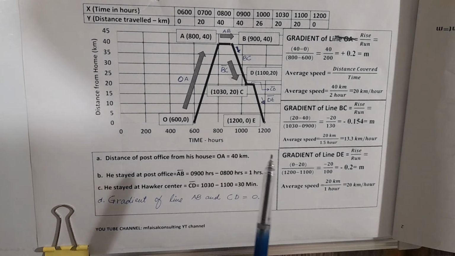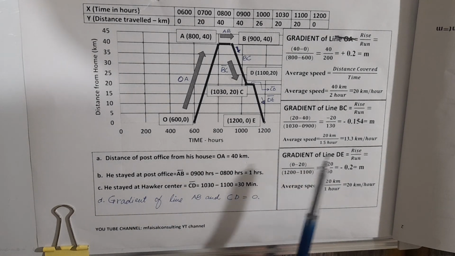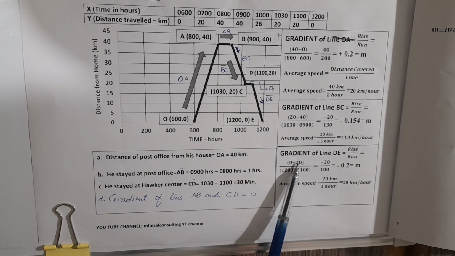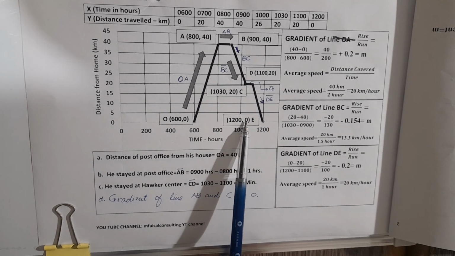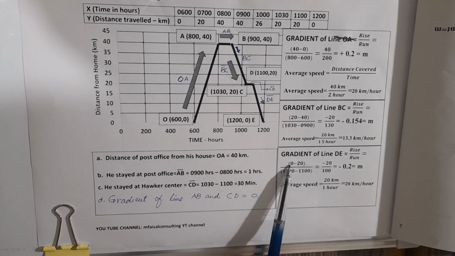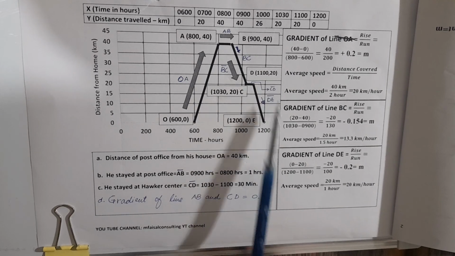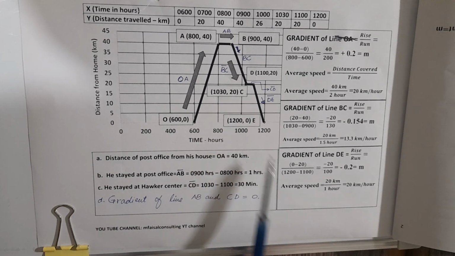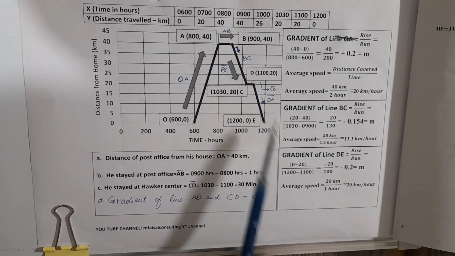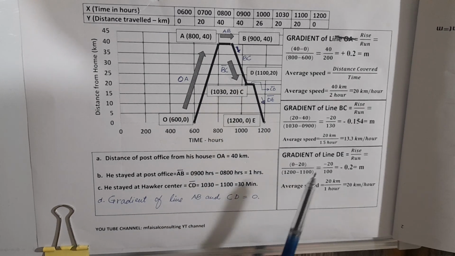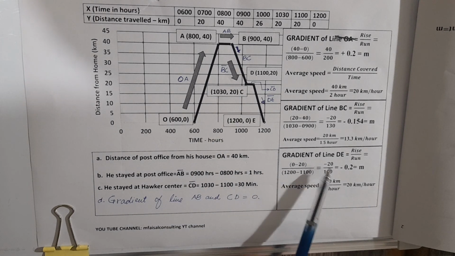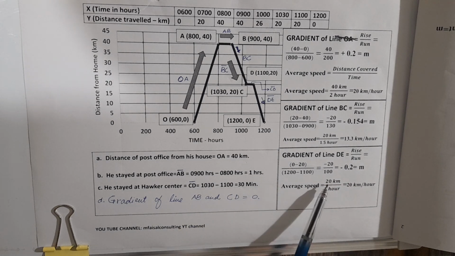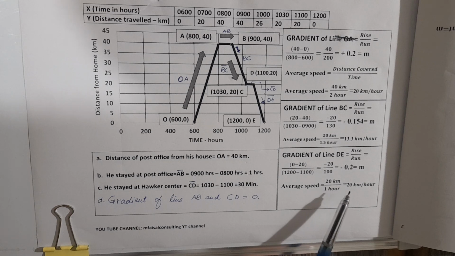So the gradient is the rise divided by run: 0 minus 20 divided by 1200 minus 1100. So its answer is minus 20 divided by 100 is minus 0.2. So gradient is minus 0.2. Average speed is 20 kilometer divided by 1 hour is 20 kilometer per hour.